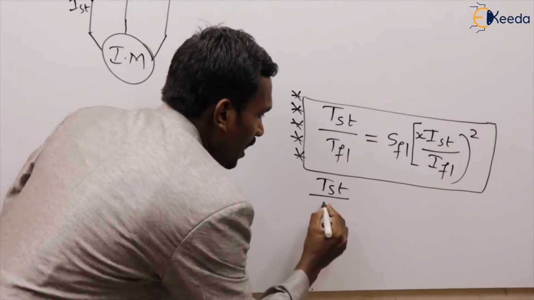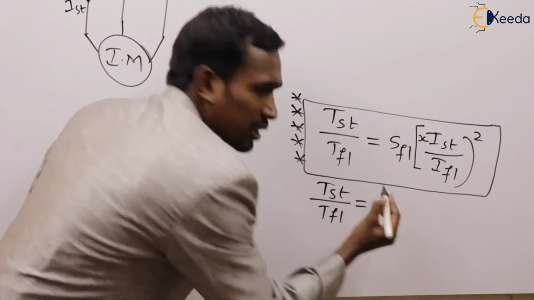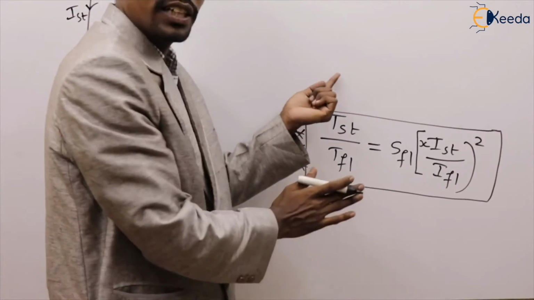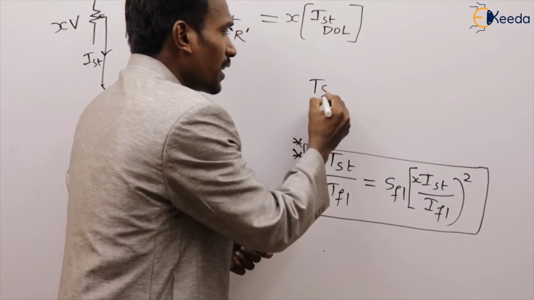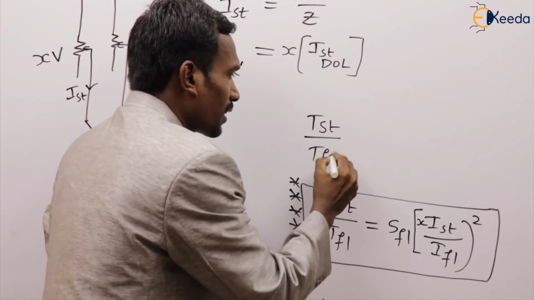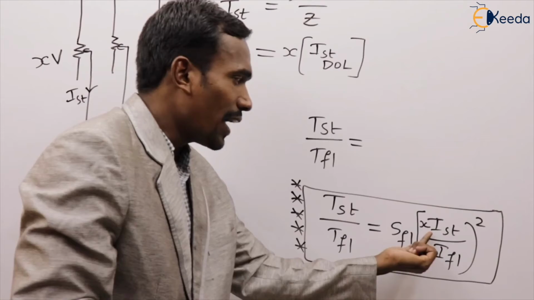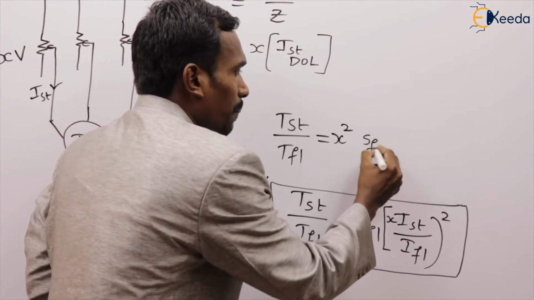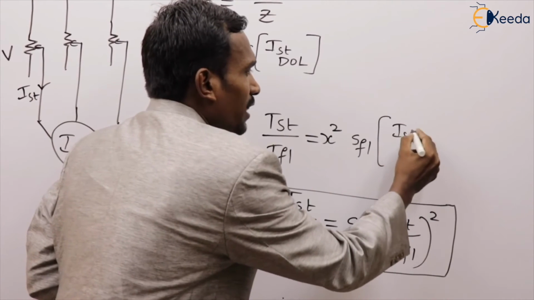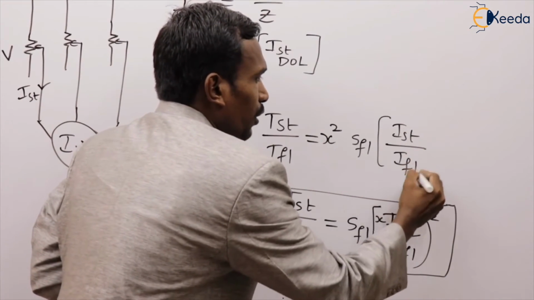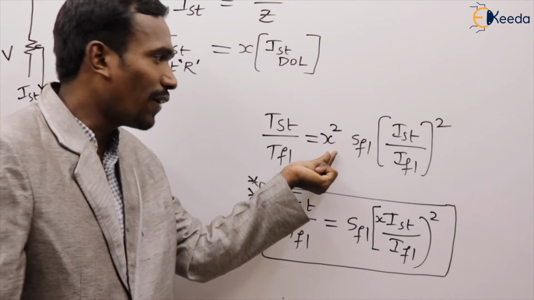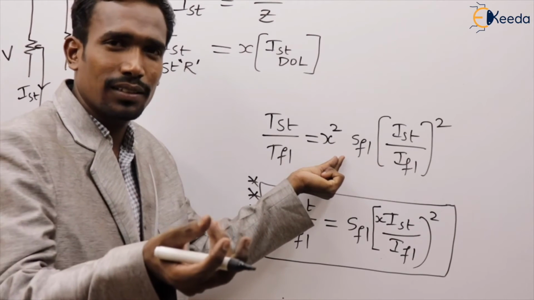Starting torque to the full load torque is equal to X square. Take common, X square into slip at full load into IST by I full load whole square. Nothing but some factor is there, X square.